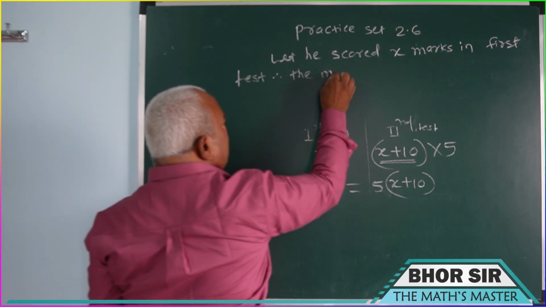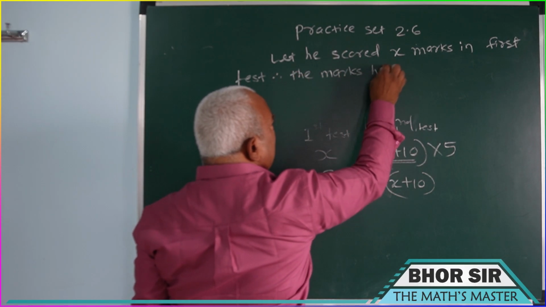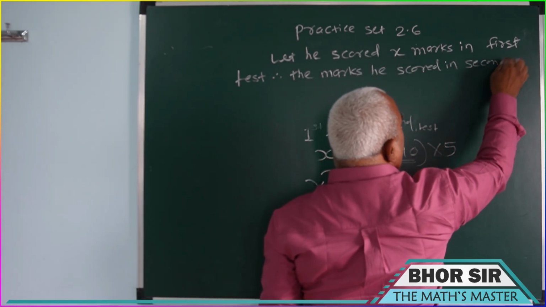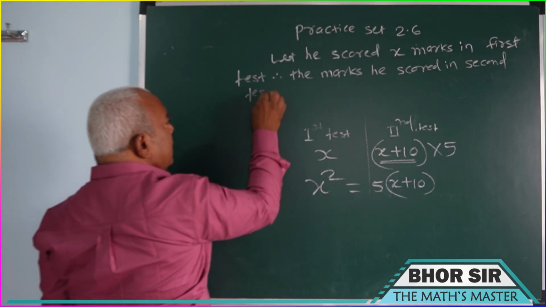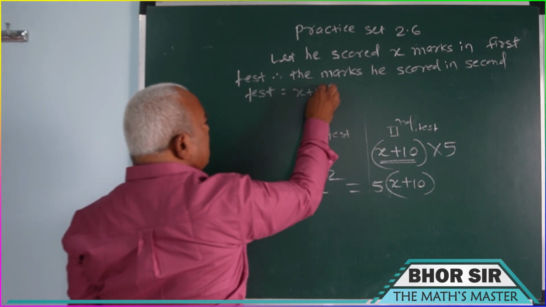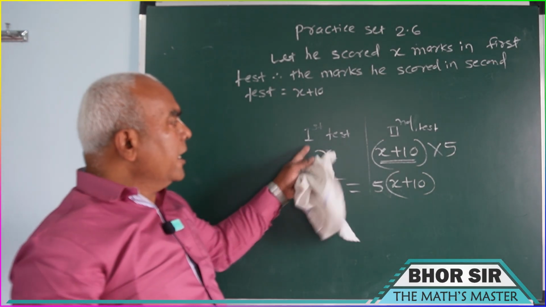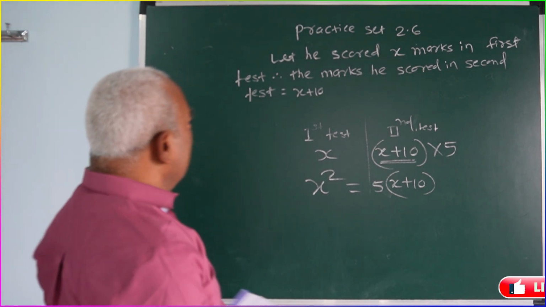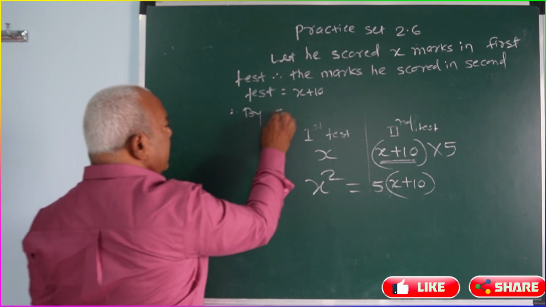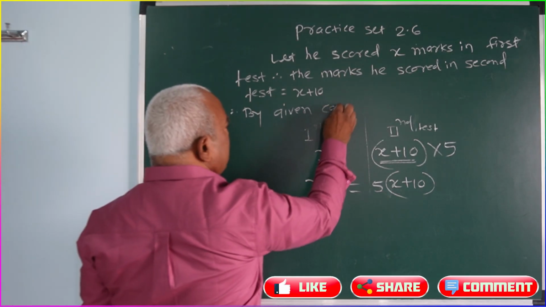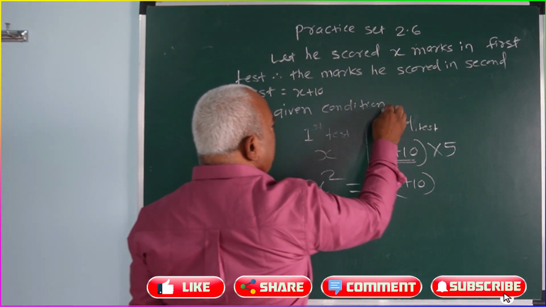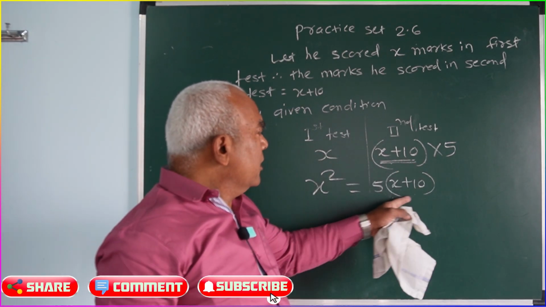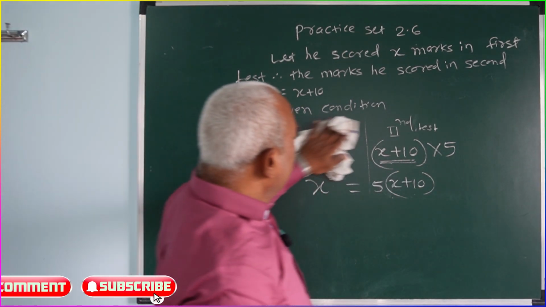Therefore, the marks scored in the second test equal x plus 10. First test x marks, second test x plus 10 marks. Now, by the given condition, what condition is given? 5 times the marks scored in the second test is equal to the square of the first test.